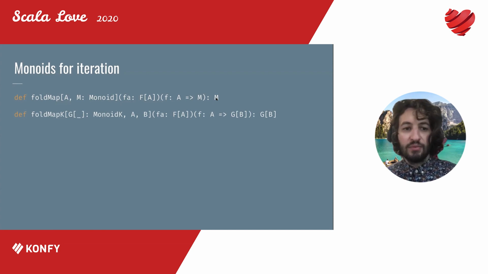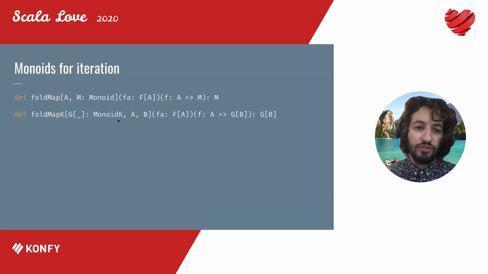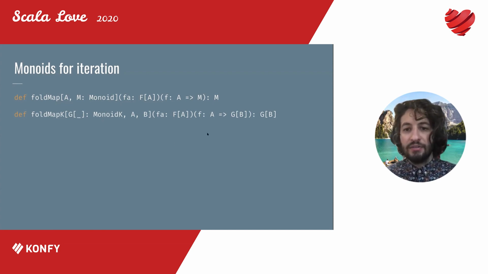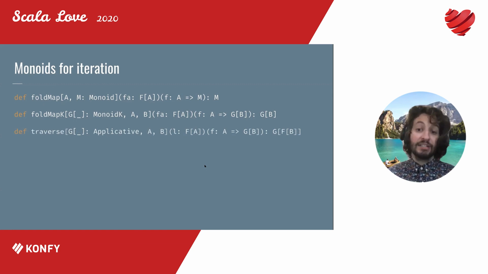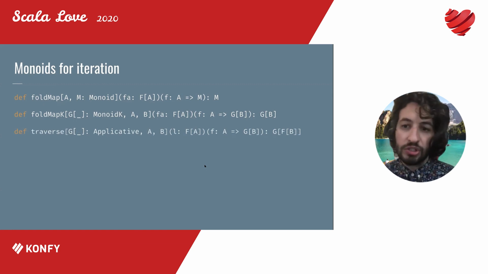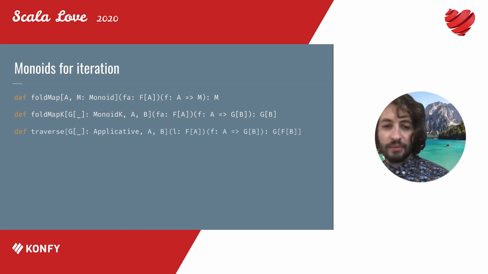You can do the same thing with foldMapK, where we have some kind of G, which is MonoidK, and instead of going from A to M, we go from A to G of B, and then at the end we return a G of B. And actually, one of my favorite functions, traverse, is kind of the same thing.